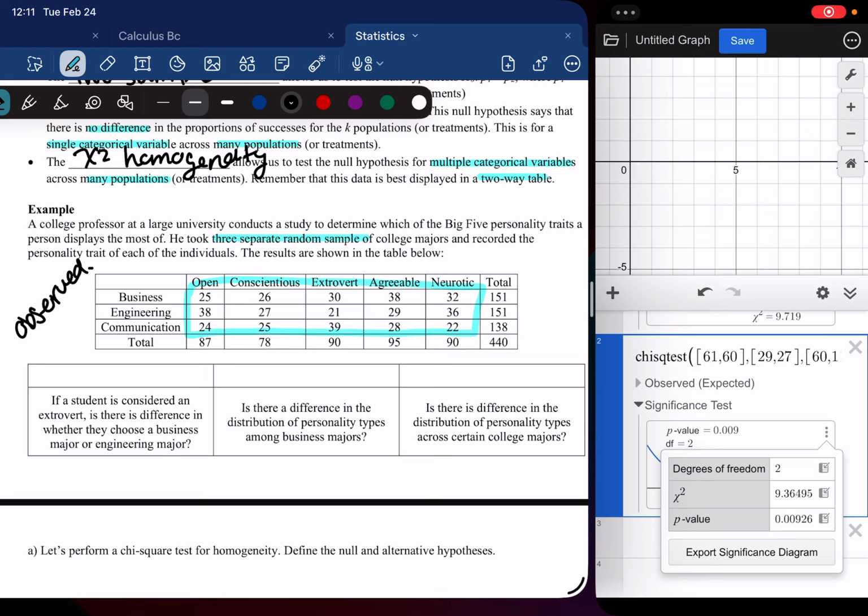Notice that the last 2 questions say difference in the distribution. Difference in the distribution. This tells you right away that these are chi-squared. And then depending on how many categorical variables they talk about is whether it's goodness of fit or homogeneity.